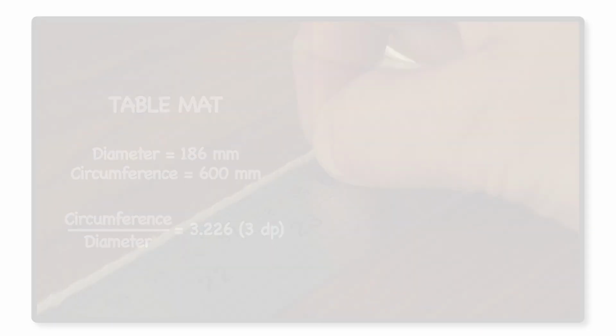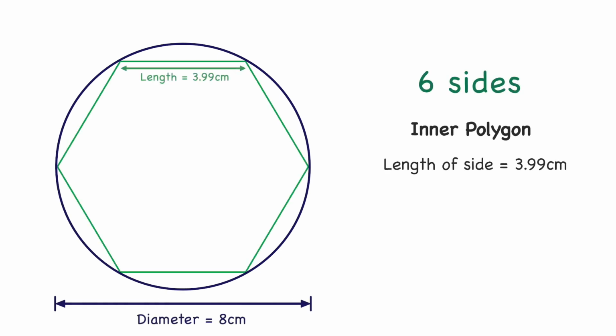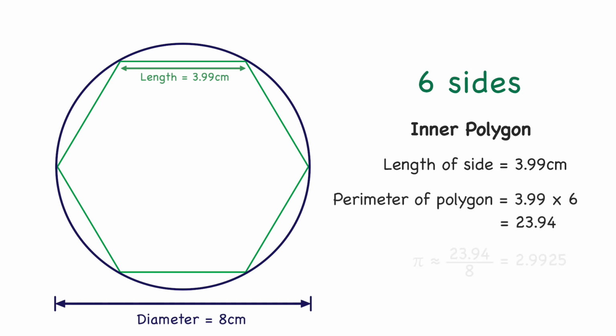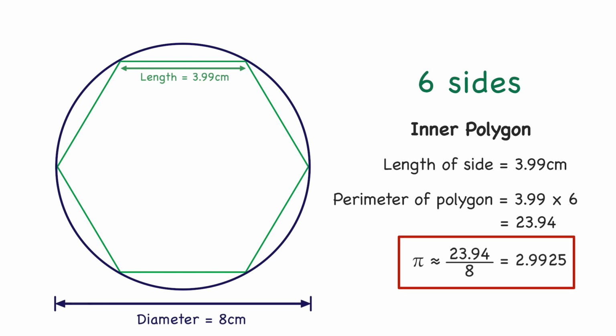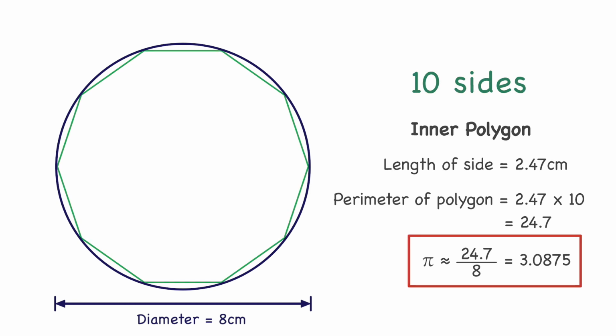Alternatively, you can find an approximation for pi by drawing a circle of known diameter and then draw regular polygons of increasing sides within the circle so that the vertices of those polygons touch the edge of the circle. By calculating the perimeter of the shape and dividing it by the diameter of the circle, this will also produce an approximation for pi. And of course, the greater the number of sides of the regular polygon, the better the approximation.